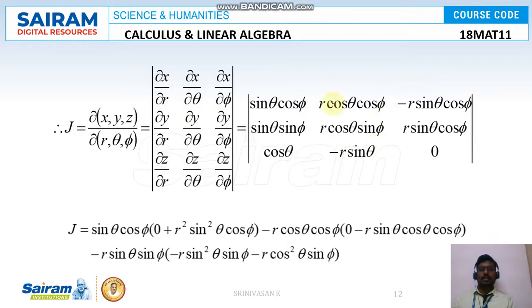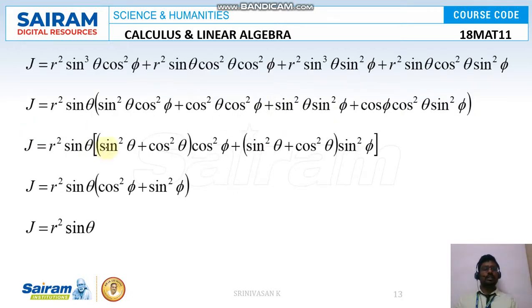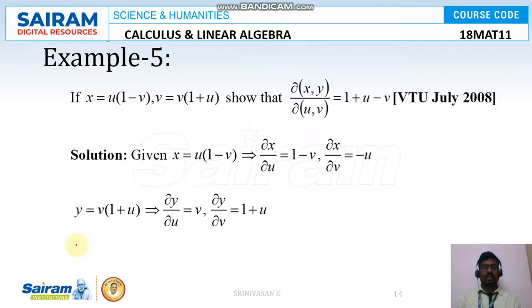This matrix value we have to simplify in the normal matrix way only. We'll get the solution J equals r squared sin theta. So everything is normal differentiation only. There is nothing else. So you can understand what the Jacobian formula is and how to find the differentiation.